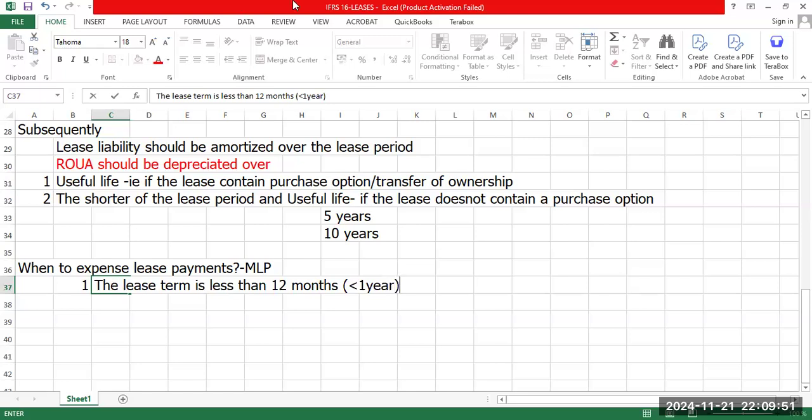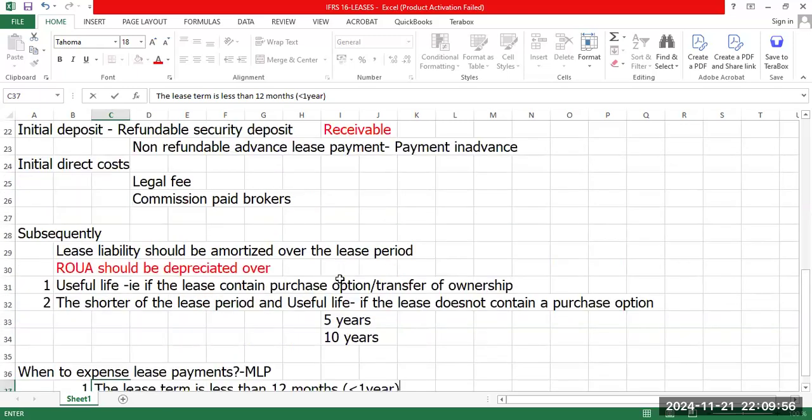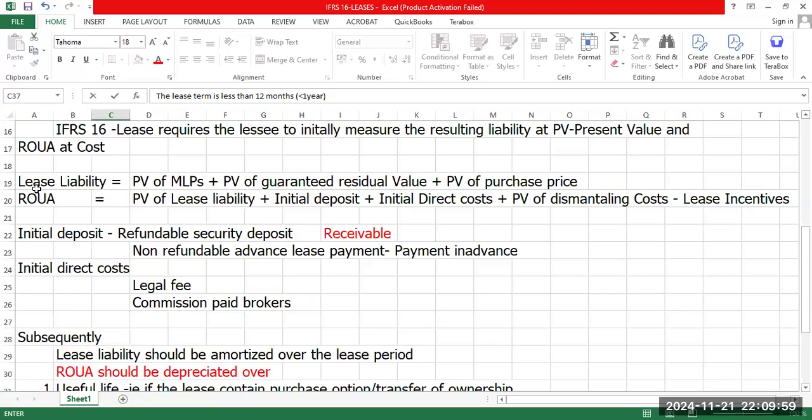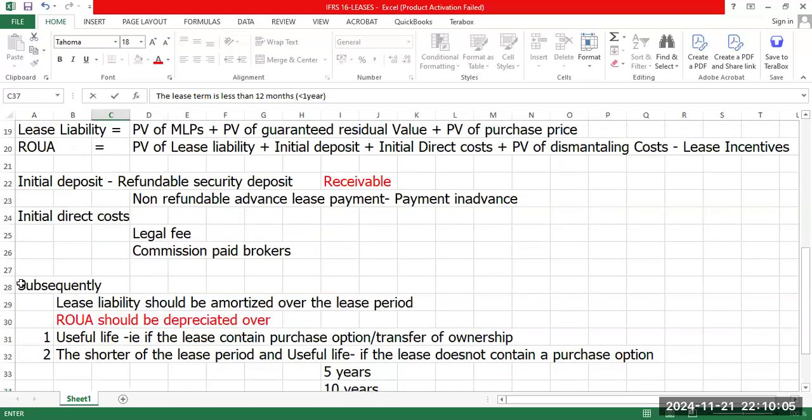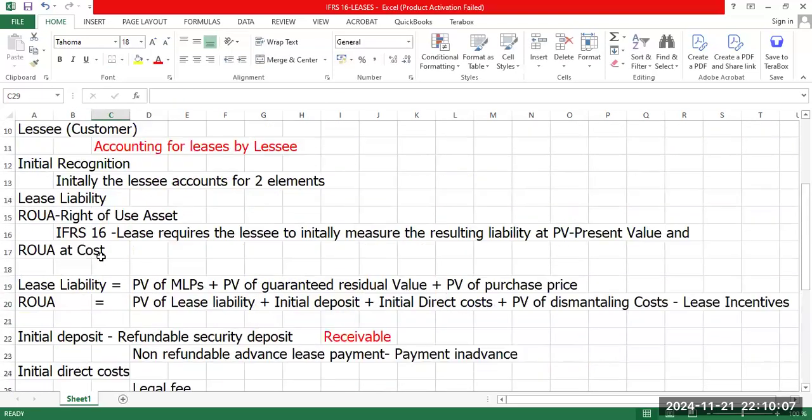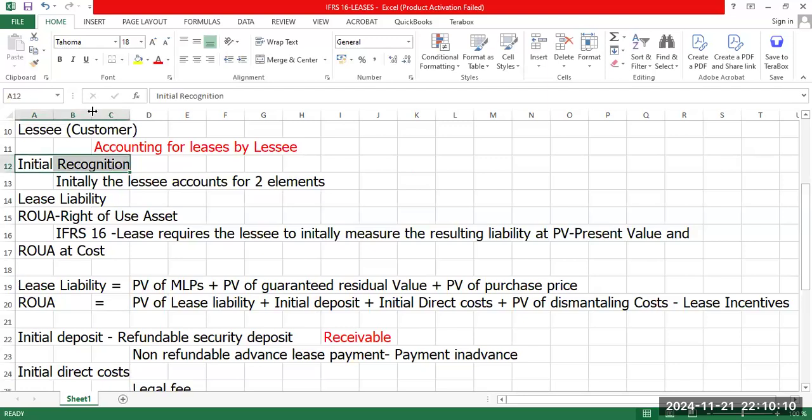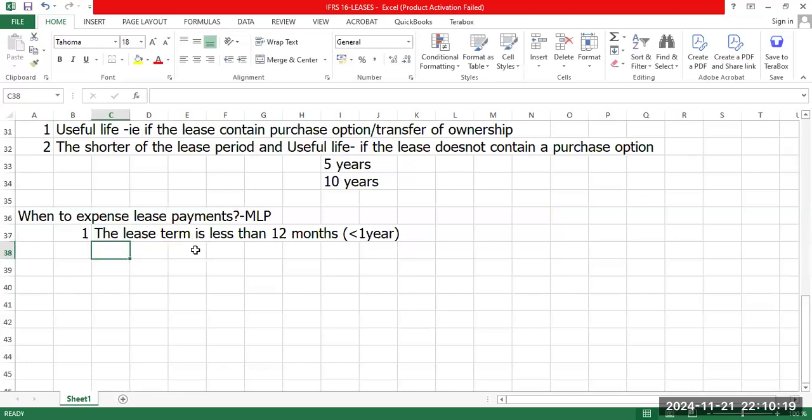If you read the question and confirm that actually the lease term is less than 1 year, we don't need to talk about initial recognition or subsequent measurement, because you talk about initial recognition when you have an asset or a liability. But with an expense, you simply put that one under the minimum lease payment. What you pay to the lessor, you put it under expenses in your financial statement.